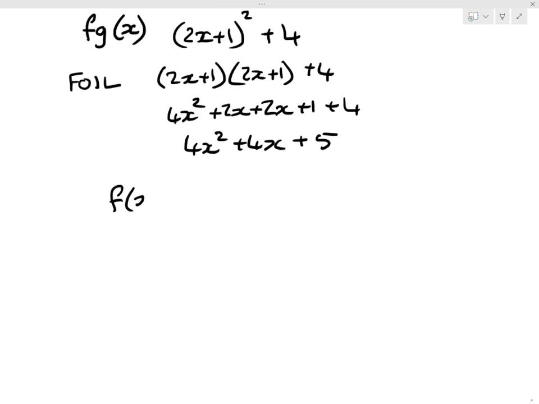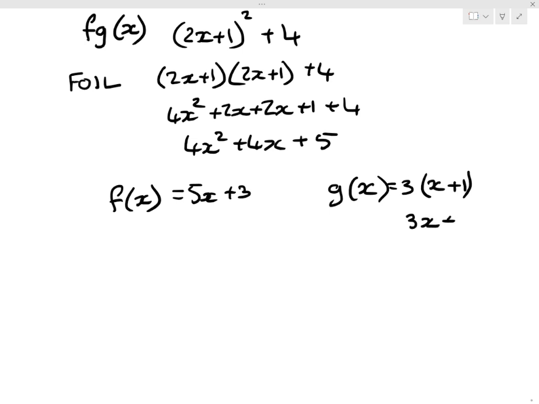So f of x equals 5x plus 3, and g of x equals 3x plus 1. Now the first thing to do really is just expand this, 3x plus 3, then we're all right with that. And so the question for this one is, what is fg of x?